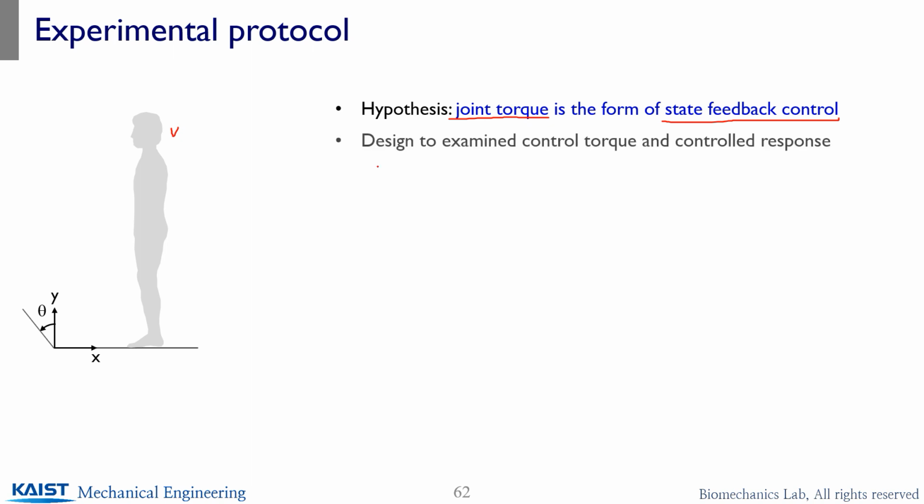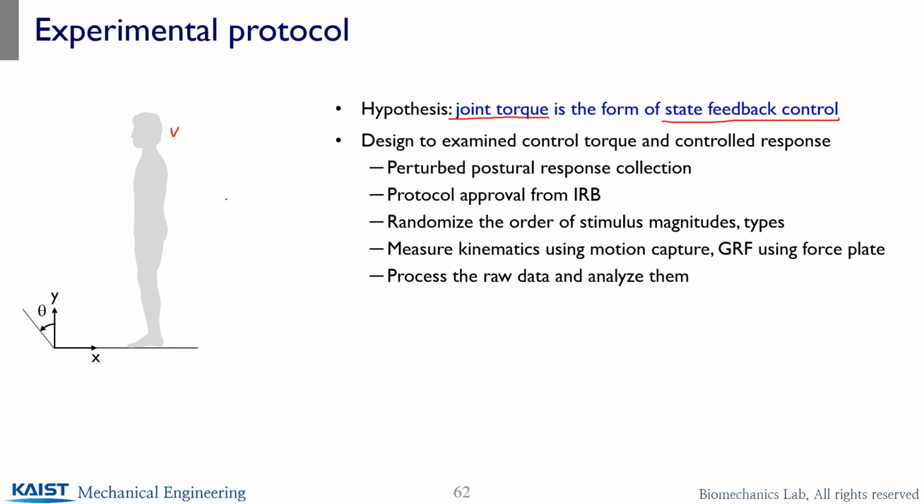There are many ways to perturb the posture, such as pushing the subjects front and back, or moving the support surface back and forth, or other possible physical perturbations. And for that perturbation, the subject should actuate the joint torques to maintain balance. If I collect the motion data and joint torque data, I can figure out what kind of control humans use for posture to maintain balance.